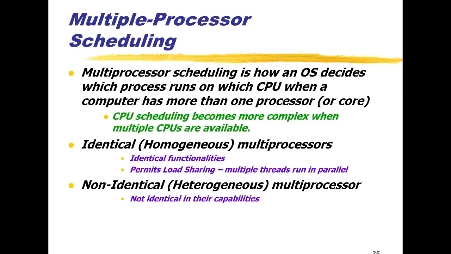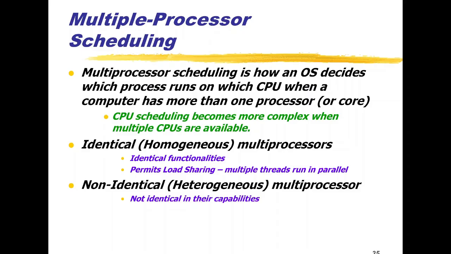Now let's look at multi-processor scheduling, because we have seen a situation where many processors can be scheduled by an operating system. Multi-processor scheduling is how an operating system decides which process runs on which CPU when a computer has more than one processor or core.